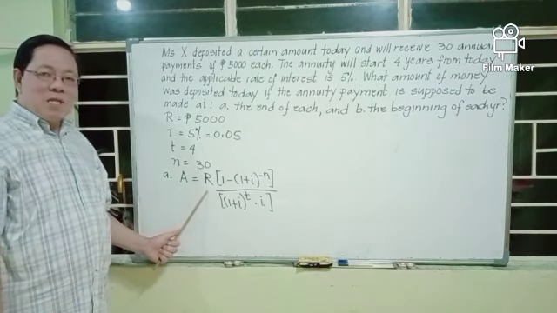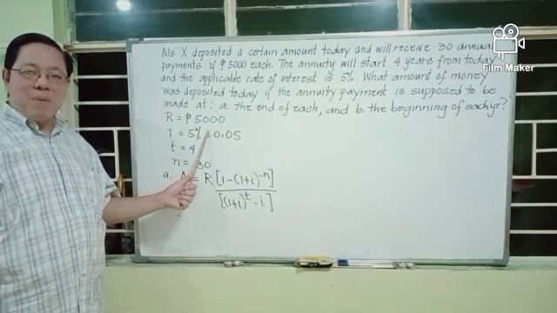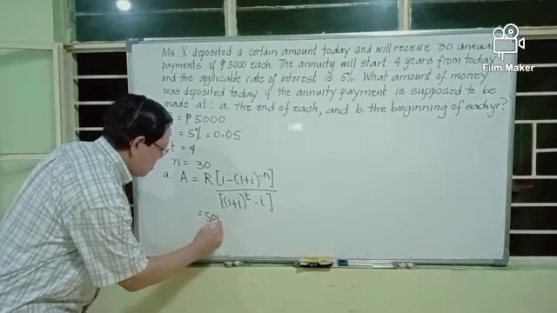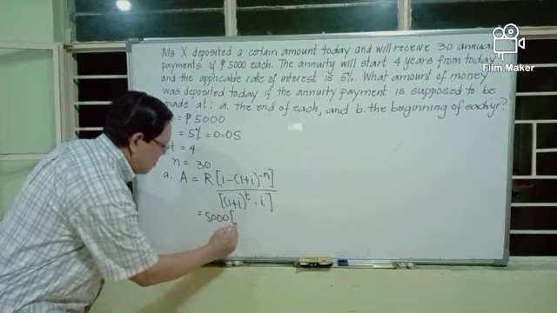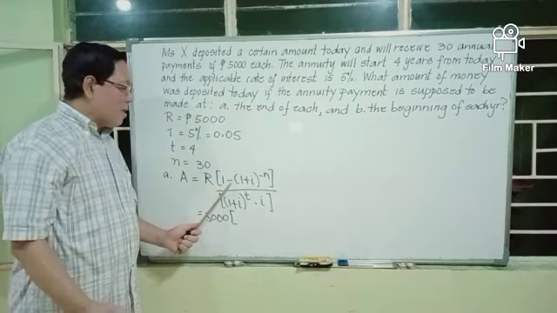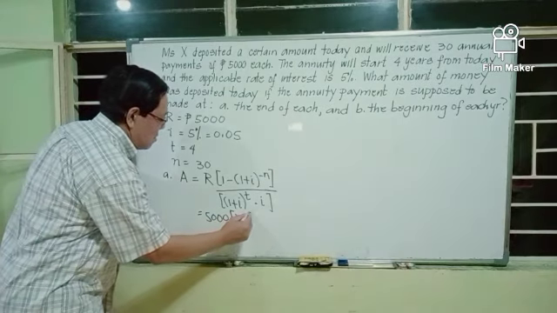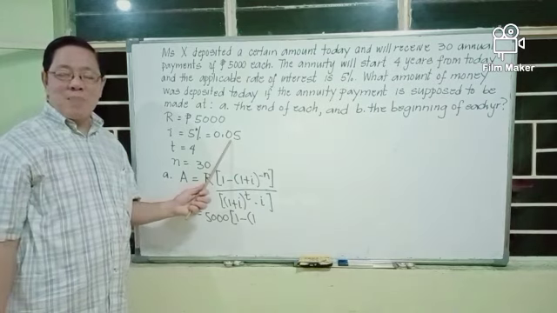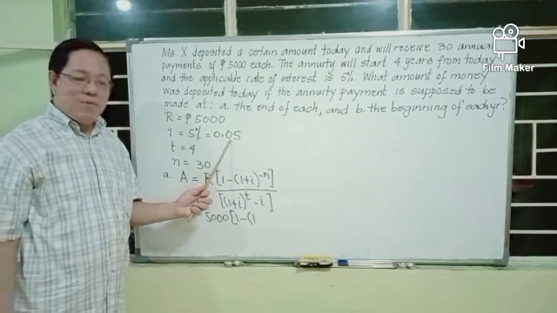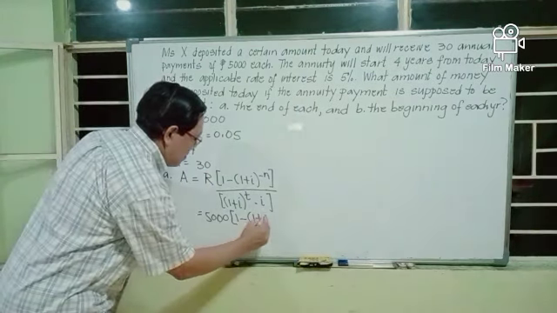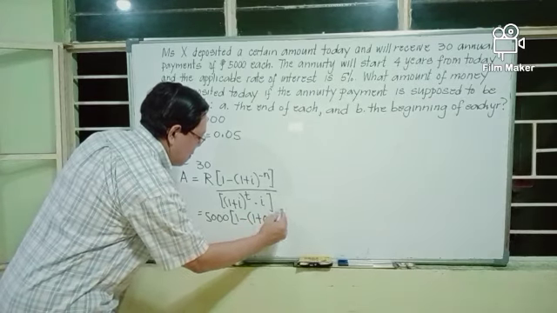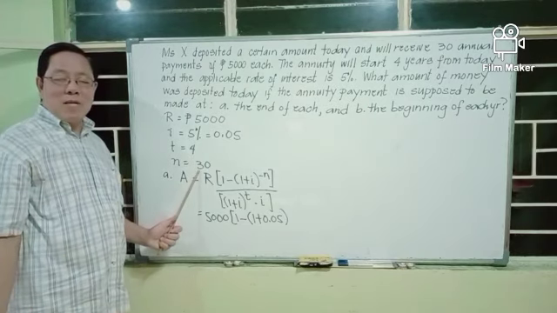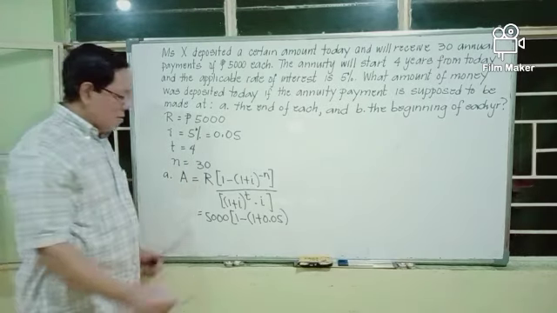Now we substitute the given. Capital R is 5,000 pesos. Multiply by 1 minus quantity 1 plus I. The interest rate per period, per year, is 0.05. To the power negative N. N is the number of total regular payments, 30.